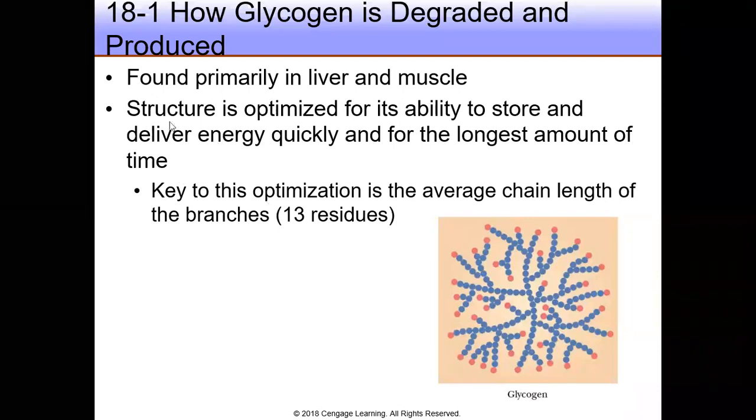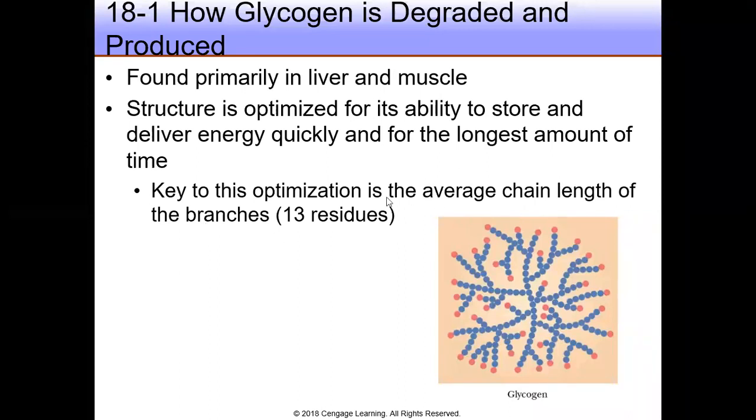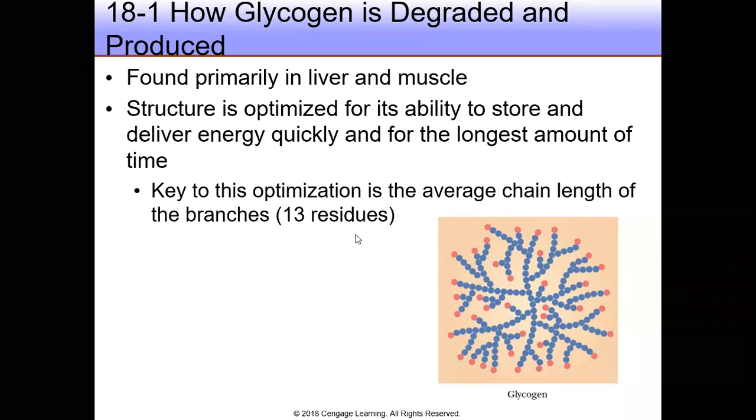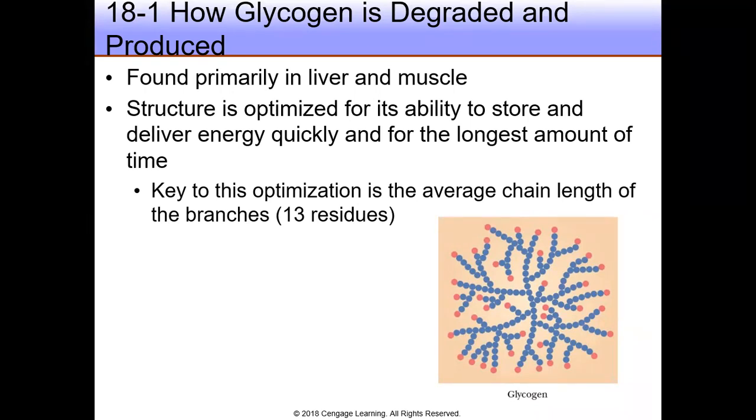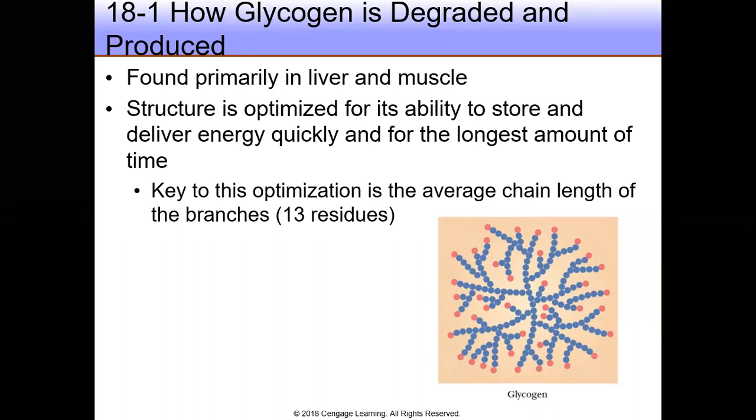The secret for that optimization is the average chain length of the branches, 13 residues. If the average chain length were much greater or much shorter, glycogen would not be an efficient vehicle for energy storage and release on demand.